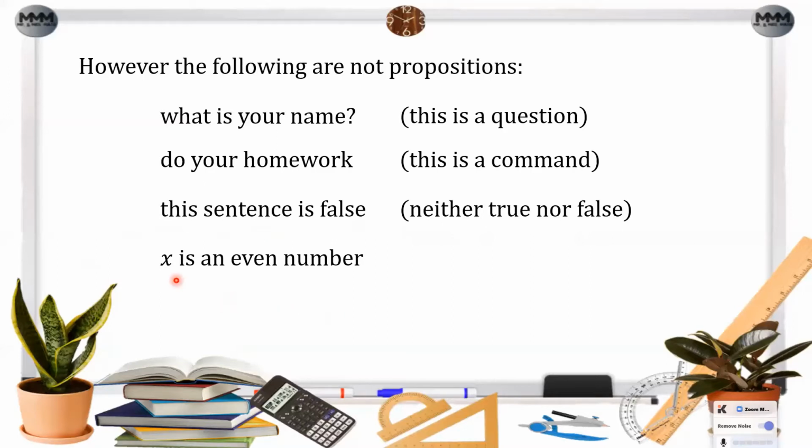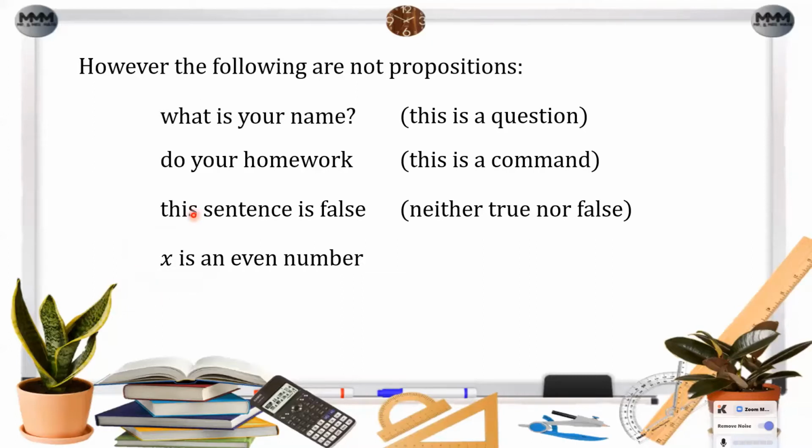Next is x is an even number. For x, we know that x is a representation of any number. So it could be an odd number, it could be an even number, it could be a prime number. We don't know the value of x.